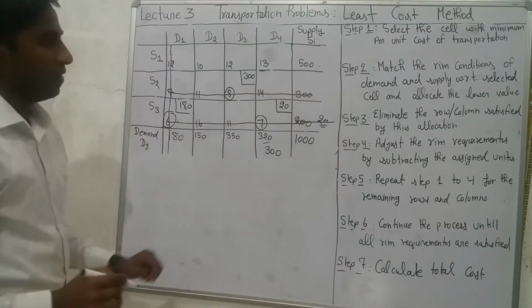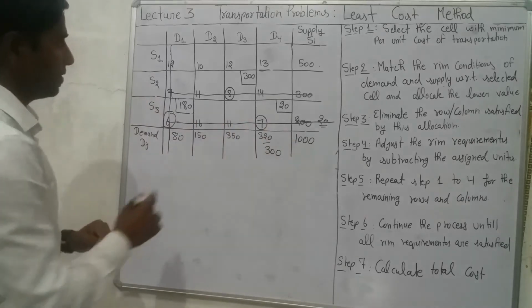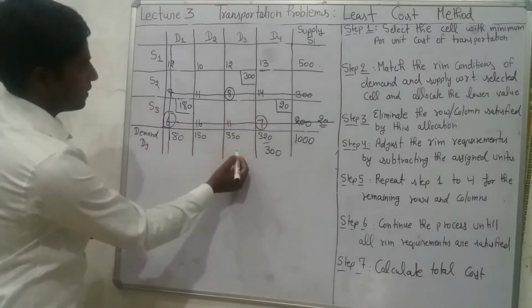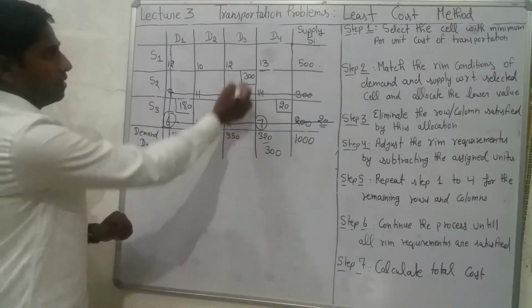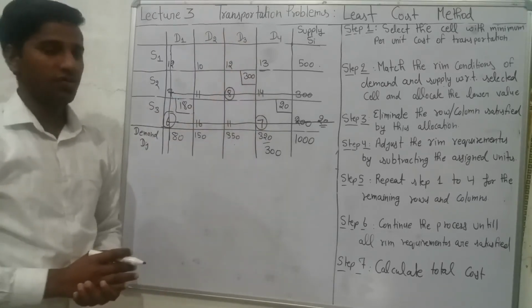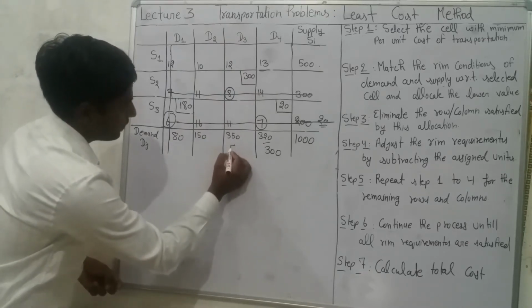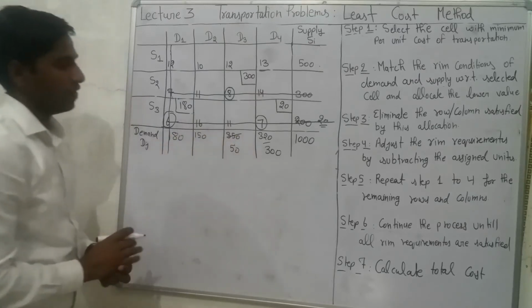And now, after eliminating this row, adjust the rim requirements. The requirement of destination 3 was 350 units, out of which we have allocated 300 units. So the remaining quantity demanded would be 50 units. Okay.